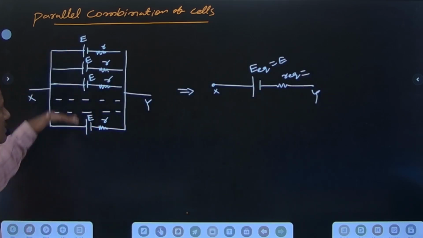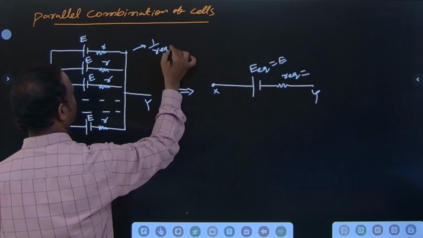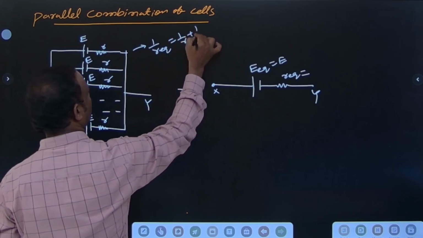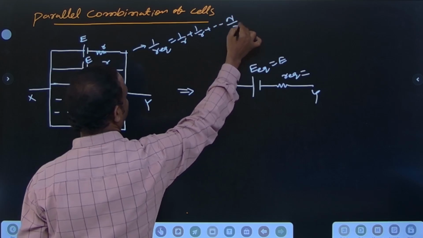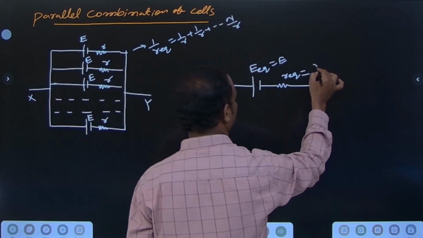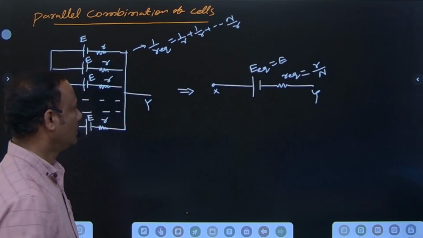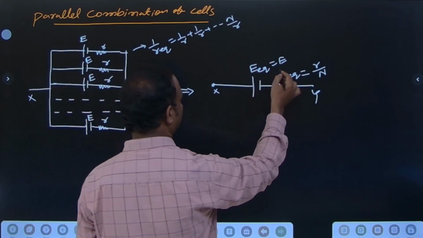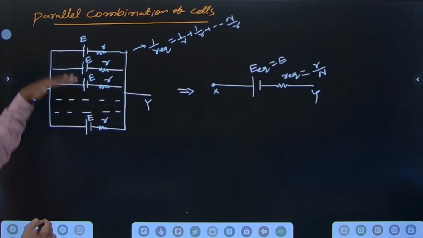All of these resistors are connected in parallel. So 1 by R equivalent is equal to 1 by r plus 1 by r and so on, which is n by r. So this becomes r by n. E equivalent is E, because the EMF remains the same when they are connected in parallel combination.